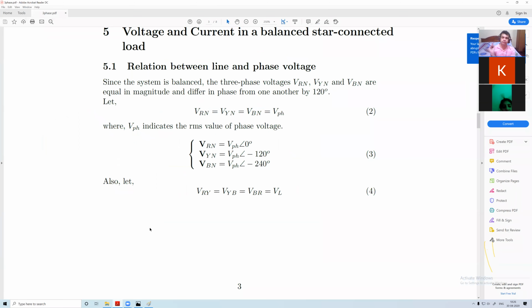Equation 3 is fine. The three phase voltages right here. Equation 3 is okay. And now equation 4. Is equation 4 okay?